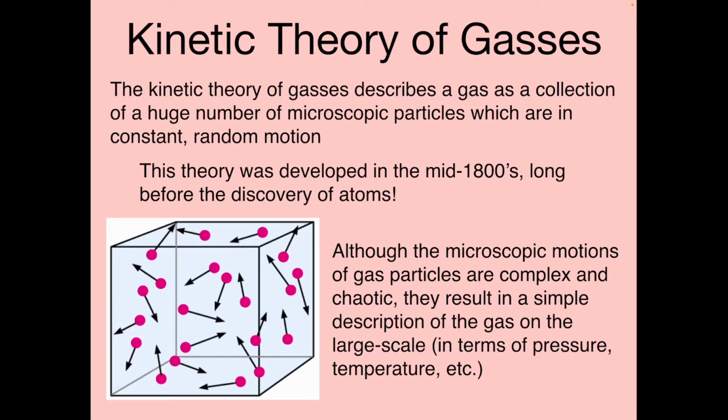Even though these motions that we see for these individual particles are very complex and very chaotic, the surprising thing that comes out of the kinetic theory of gases is that the large-scale picture of the gas, in terms of what is the pressure, what is the temperature, how much volume does the gas occupy, things like that, turns out to be really simple. We have this really complicated description on the small scale of all these randomly moving particles, which gives us a really simple description on the large scale, again, in terms of pressure and temperature and things of that nature.